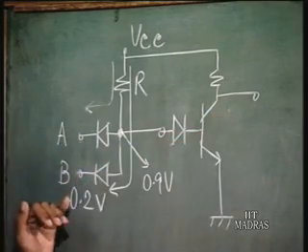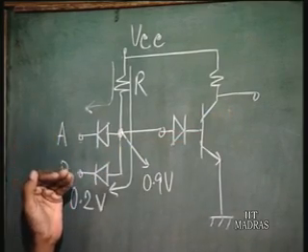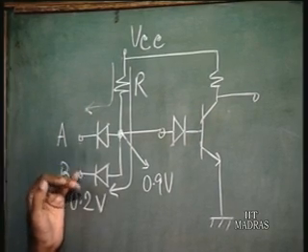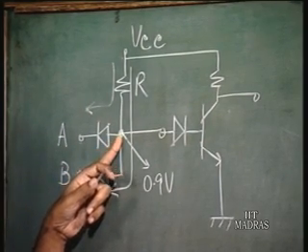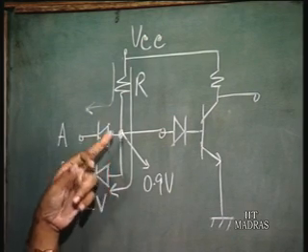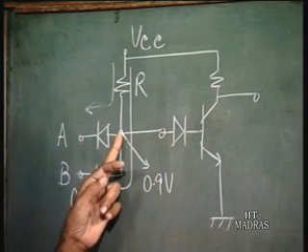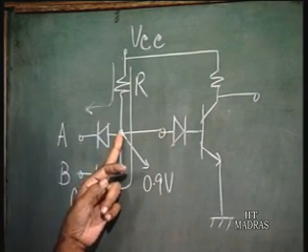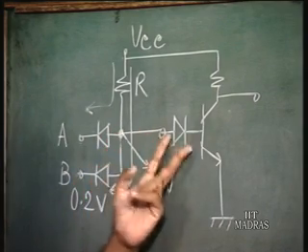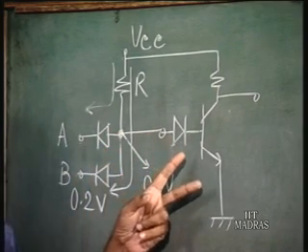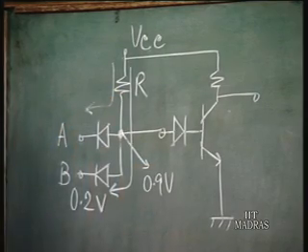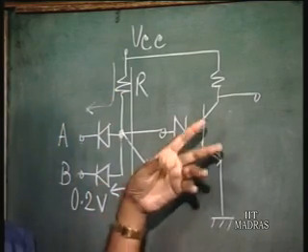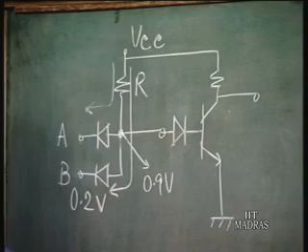Now when you raise this input, this voltage also is going to get raised. Suppose when this voltage goes to 1.2 volts, then you have 0.6 volts across each of them, and when it goes even above that, then it starts conducting. The transistor turns on. The output voltage is going to fall.